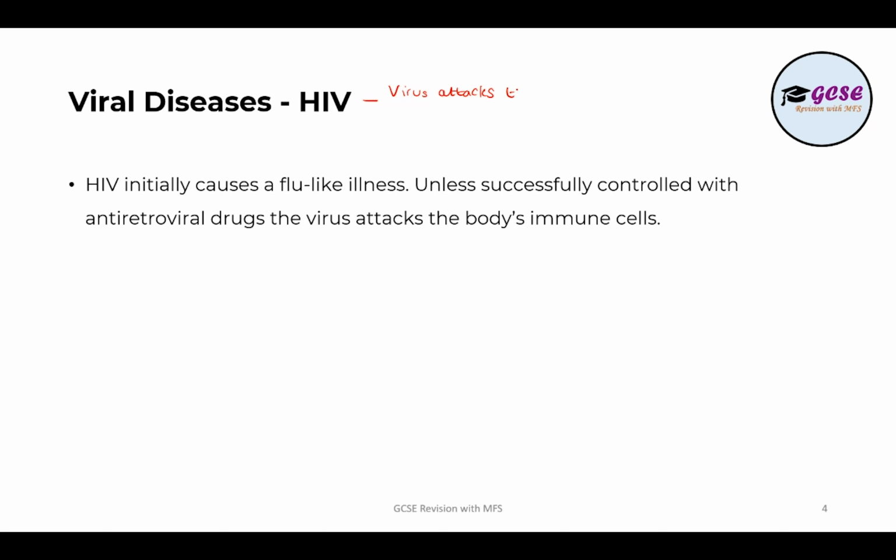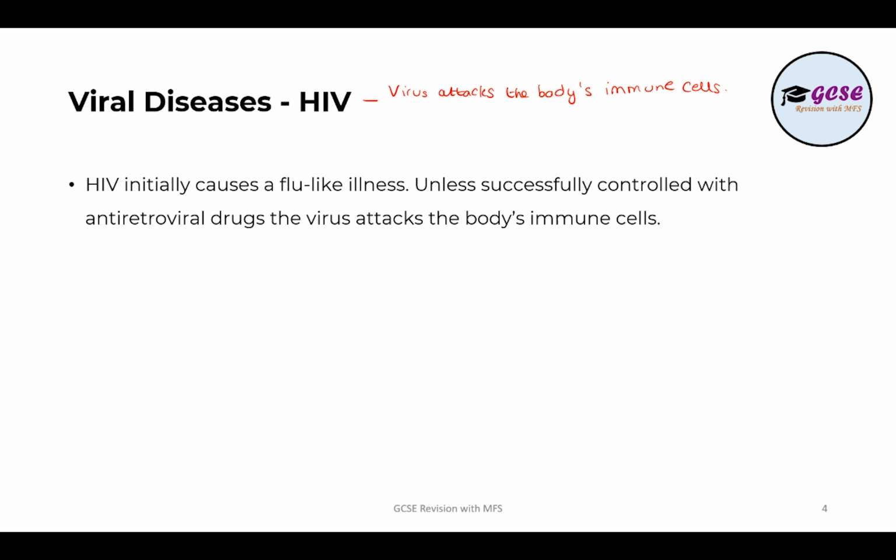So it attacks the body's immune cells. And if it's attacked the body's immune cells, that means that the body cannot figure out a response to fight itself against this virus.